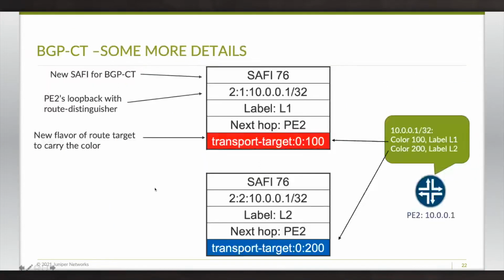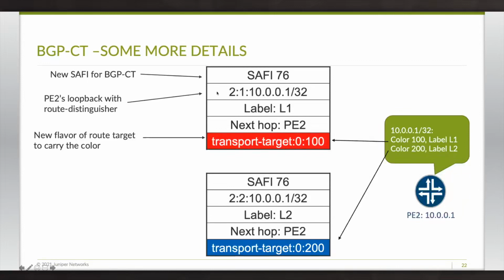Finally, let's have a look at some of the nuts and bolts behind BGP CT. There's a new SAFI defined for it, regardless of whether you're talking about IP version 4 or IP version 6. The SAFI value is 76. Because we are advertising the same address with different attributes, we need to disambiguate those two versions of that prefix, and so route distinguishers are used to achieve that.